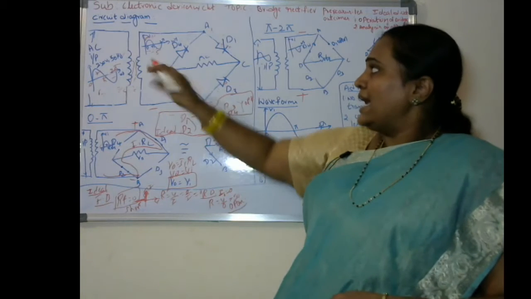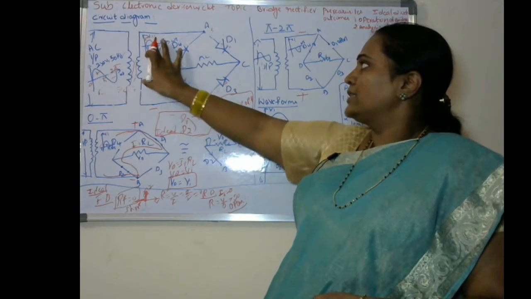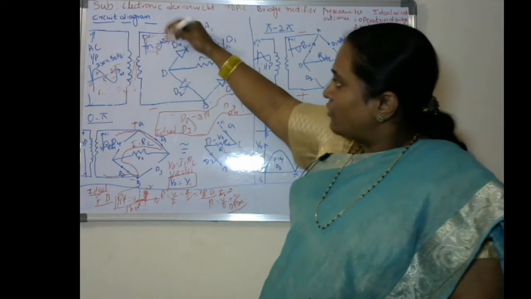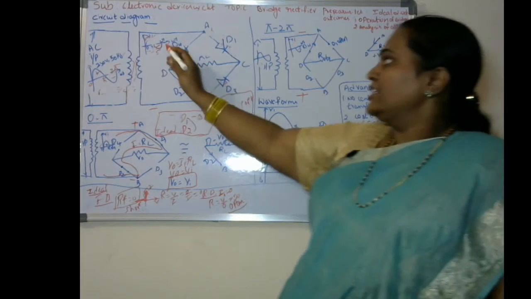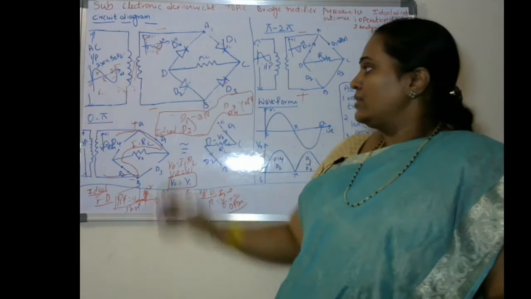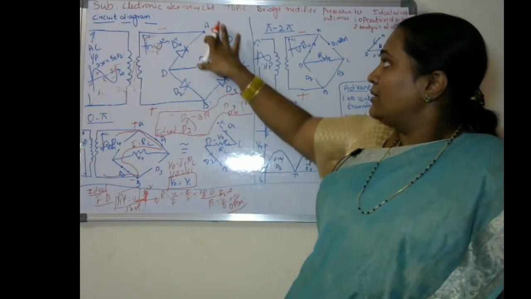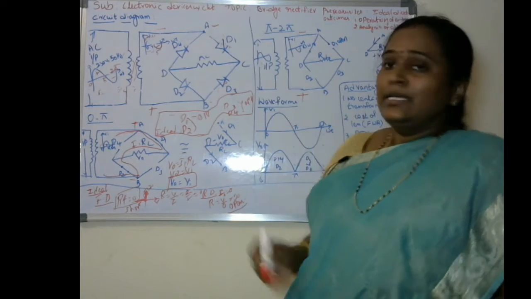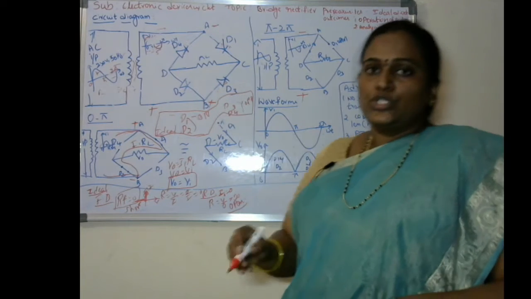In this case the potential is negative. This is the analysis for pi to 2 pi. We are doing the analysis for this cycle now. So in pi to 2 pi, negative potential will be here and positive potential will be here. Across these points we get the negative voltage here and the positive voltage here.